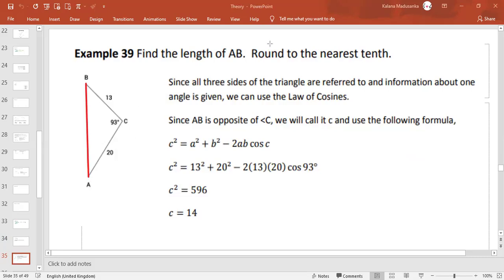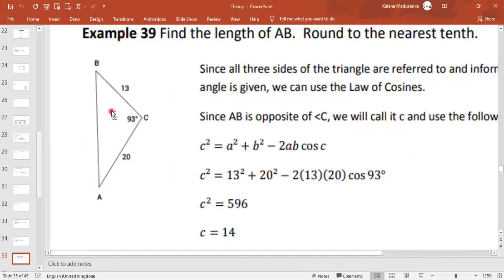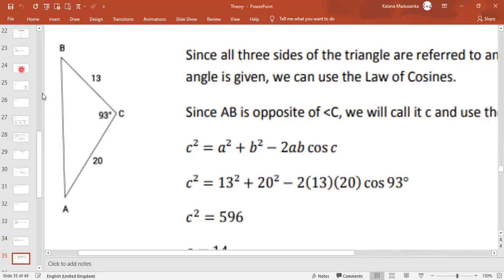If you can see the diagram clearly, here you can see the triangle B, C, and A. And what are the things they have given in here? They have given the capital C angle 93 degrees and the adjacent two angles, right? Sorry, not the angles, the sides.